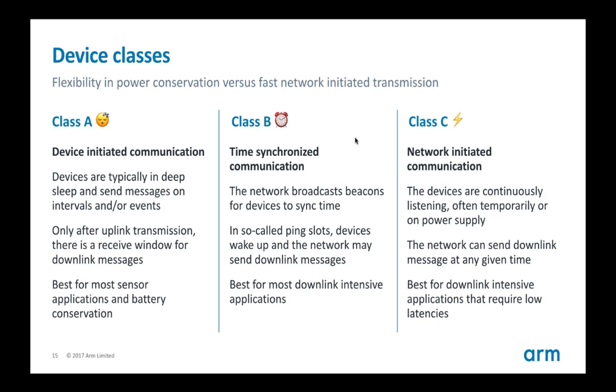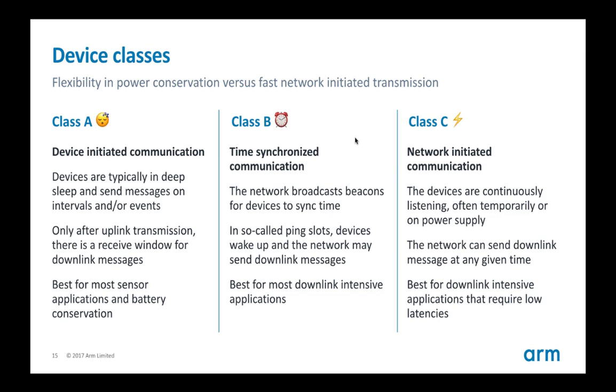And in order to send a message back to the device, so-called downlink, the network has to wait until the device sends a message, because after a device transmits a message, there is a receive window. The device typically stays awake for 1 to 2 seconds to receive a downlink message from the network. And then the device goes back into deep sleep.